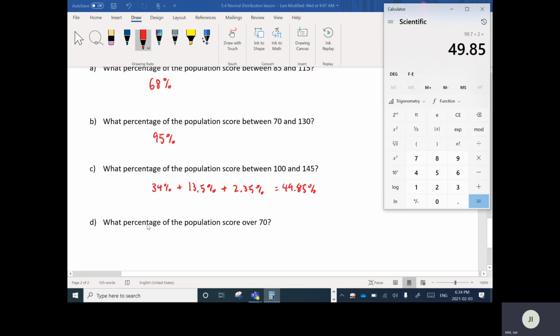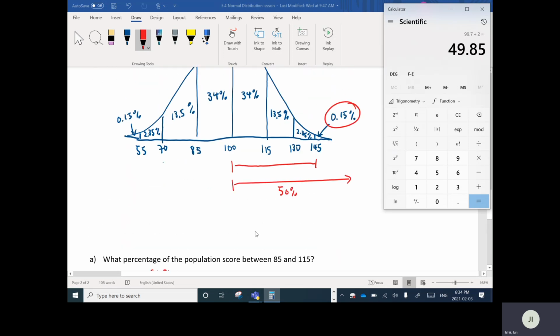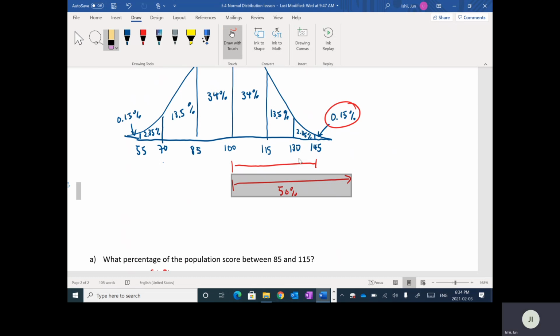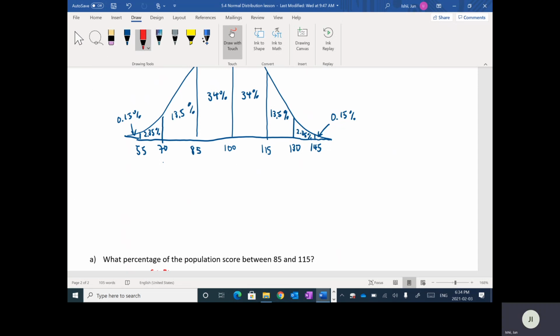And the last one, what percentage of the population score over 70? Let me just erase this stuff that we just drew in red. All right, so this last one here is over 70%, so that's indicating that percentage.